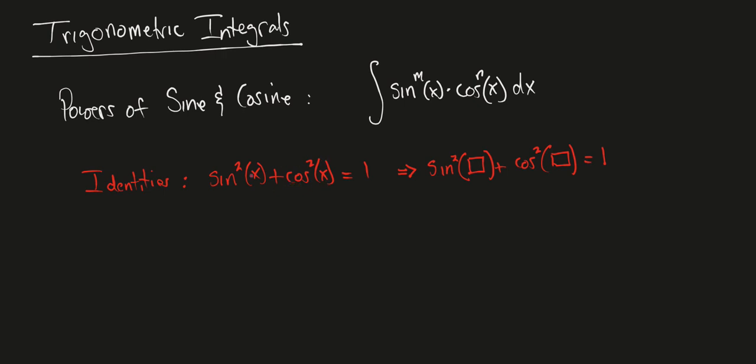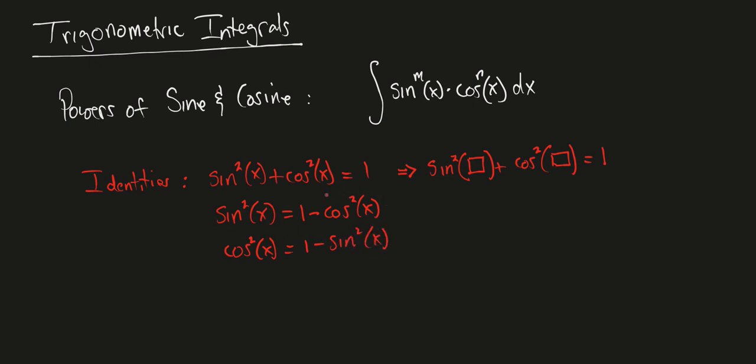So this single identity can be written in several ways. We could say that sine squared x is equal to 1 minus cosine squared x, or we could say that cosine squared x is 1 minus sine squared x.